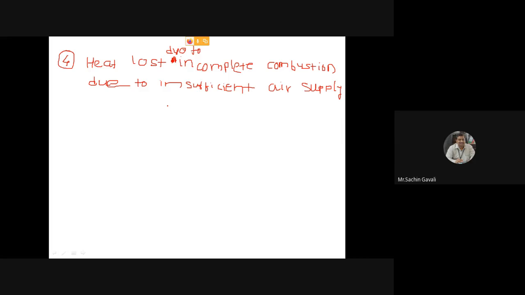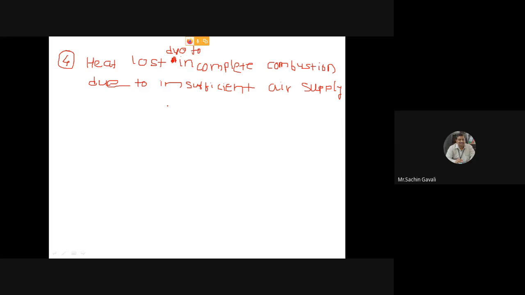What happens? For the combustion of fuel, we require a sufficient amount of air, or a sufficient amount of oxygen. But in some cases, if the air supply is less, then there will not be complete combustion. If the combustion is complete, there are only two products of combustion.